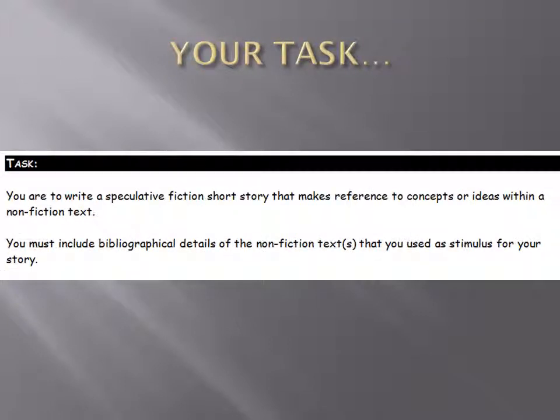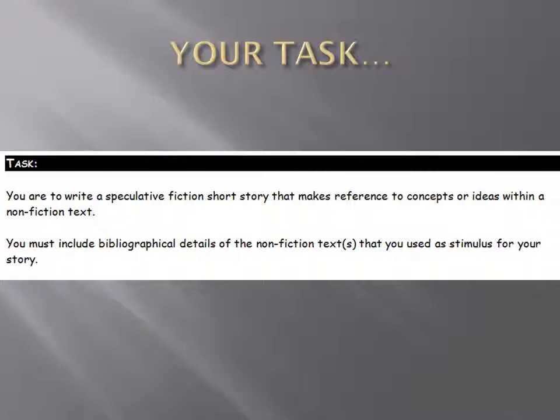The task itself asks you to write a speculative fiction short story, and you do need to include some element from a non-fiction text. That inspiration or stimulus that you're using from the non-fiction text doesn't need to be an integral part of your short story, but good speculative fiction has something that is grounded in reality.